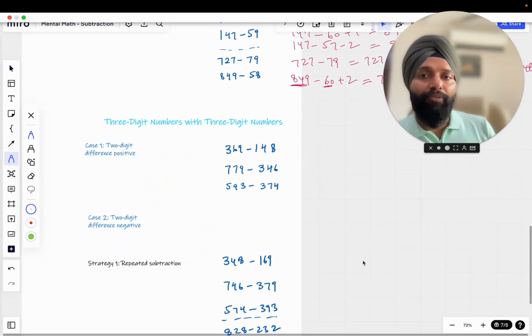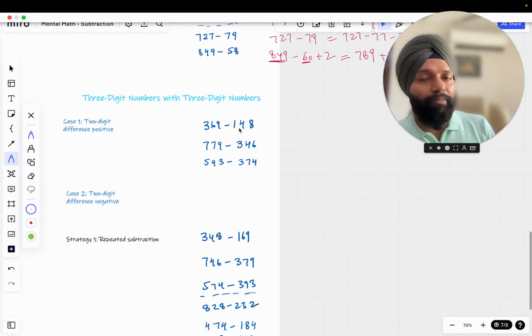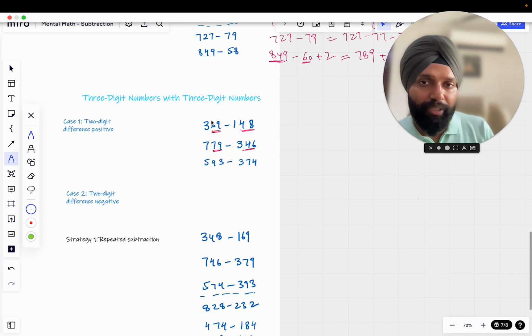Okay, so now if you're dealing with three digit numbers, again I look at these two digits at one go. So if the difference is positive, which means 69 is greater than 48, then I just need to subtract 100 from 100, which is 0, and then 69 minus 48 is 21.